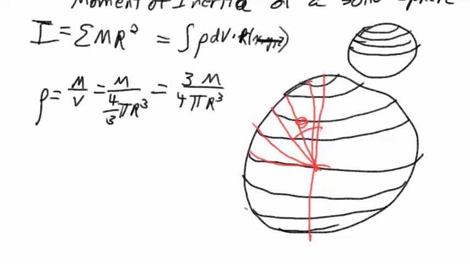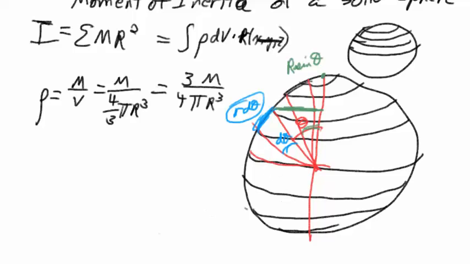The distance from the center line of that is r sine theta, where theta is this measurement from the North Pole. I'd also say that this distance here, if this was d theta down here, then this distance would be r d theta.